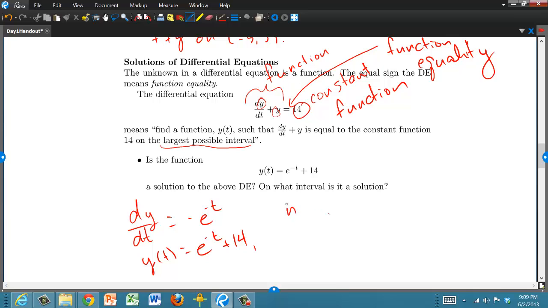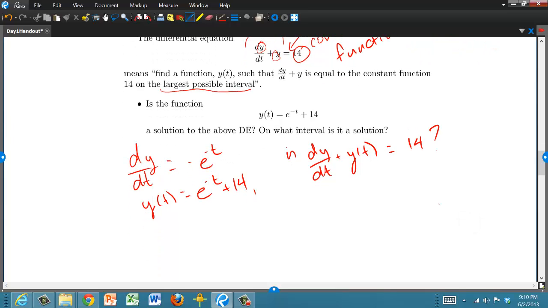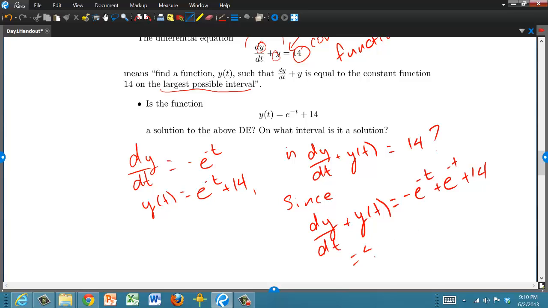And now we want to know, is dy/dt plus y of t equal to the function 14? And we can see that, yeah, you take dy/dt, you add it to y of t, you clearly get 14, since dy/dt plus y of t is negative e to the negative t plus e to the negative t plus 14, that's 14.